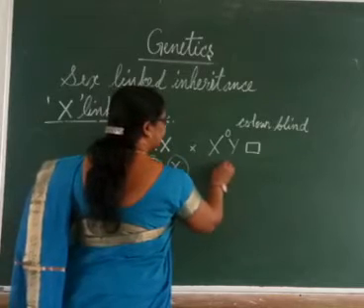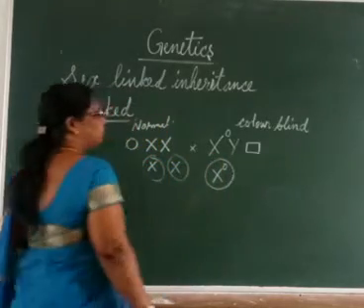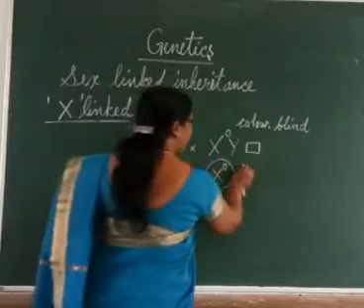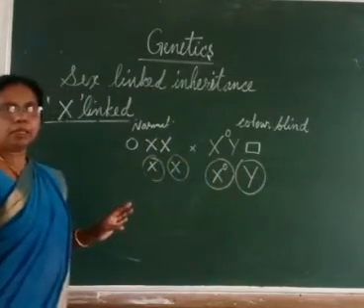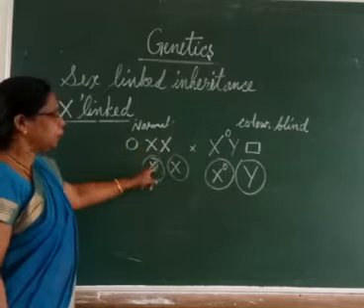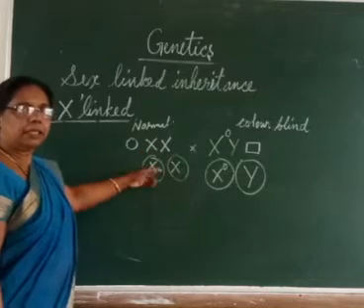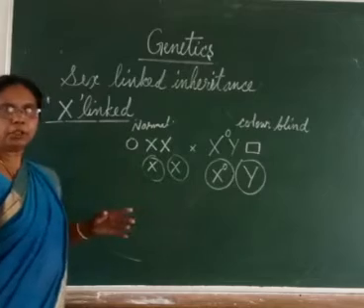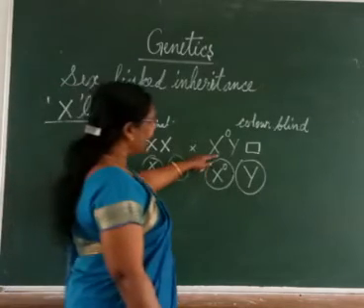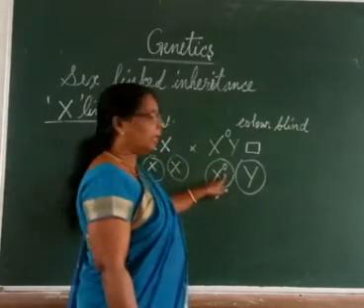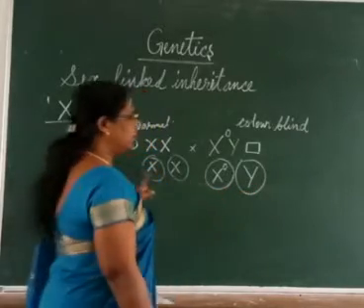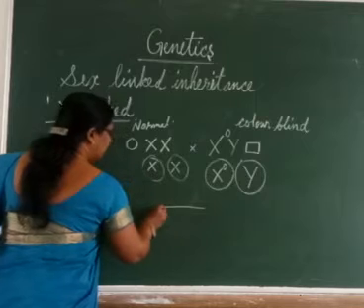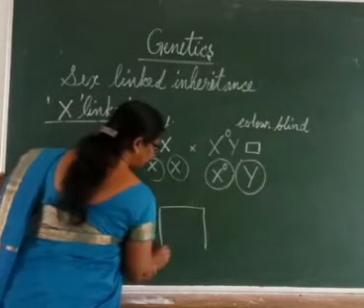Here one X like this and another Y like this. Clear to all of you? Here there is only one possibility, the normal X chromosome, whereas here X with a defective gene and a normal Y. So you can see while children are produced, we can show it here.